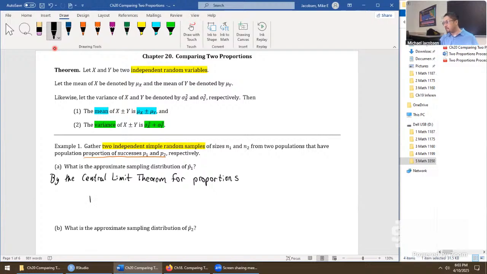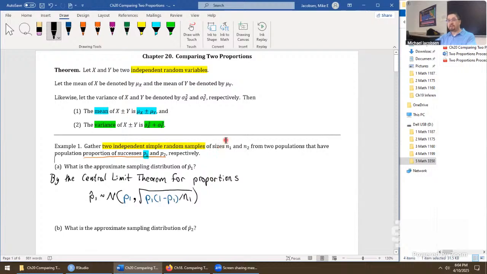We can now say p hat 1 is distributed normally. The center of this distribution is going to be the first parameter, P1. So we draw P1 here. Standard deviation is then going to be the square root of P1 times 1 minus P1 divided by N1. So that's that central limit theorem we were working on last chapter.